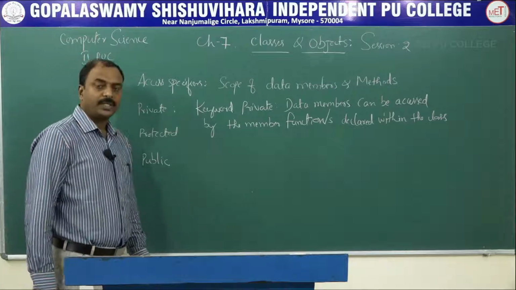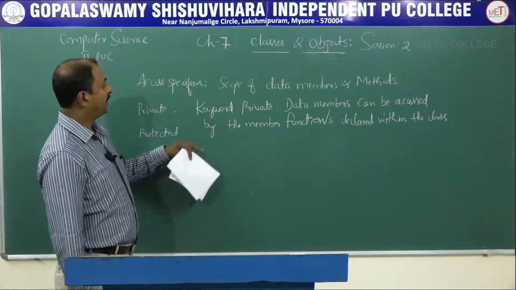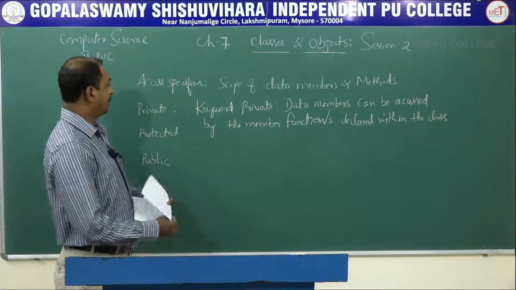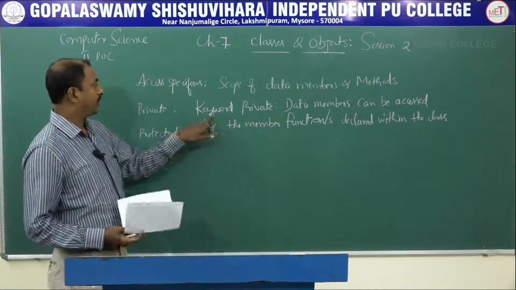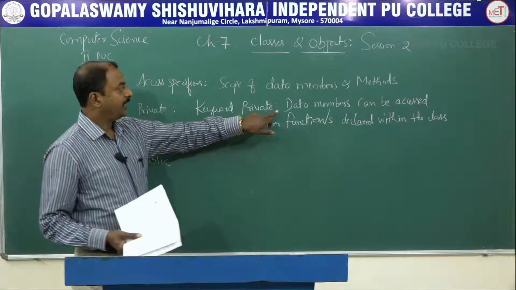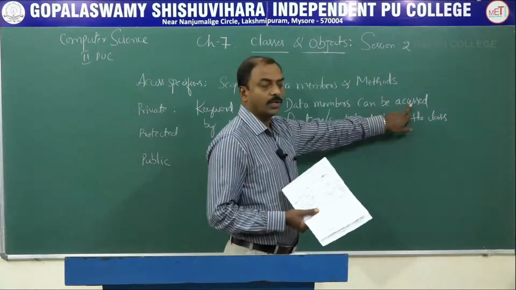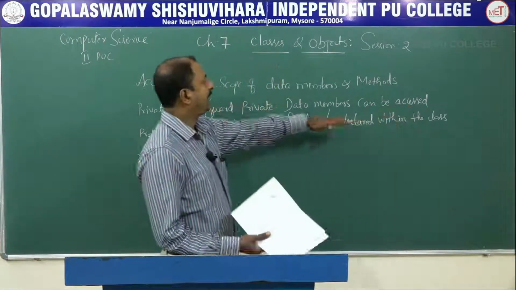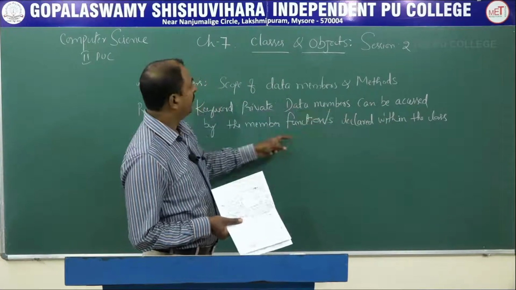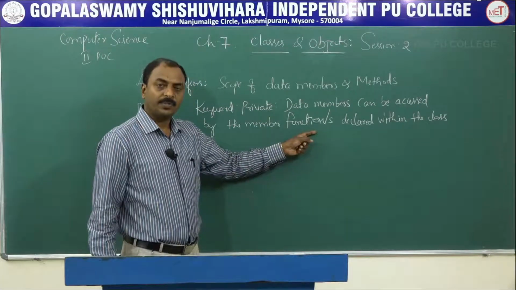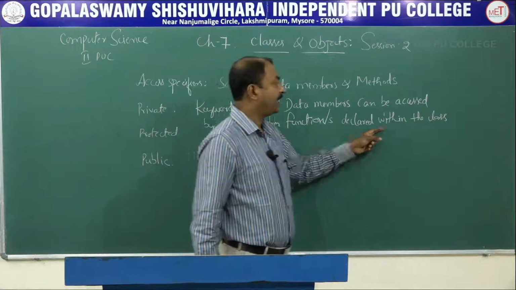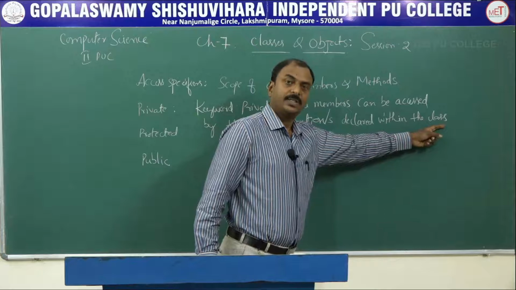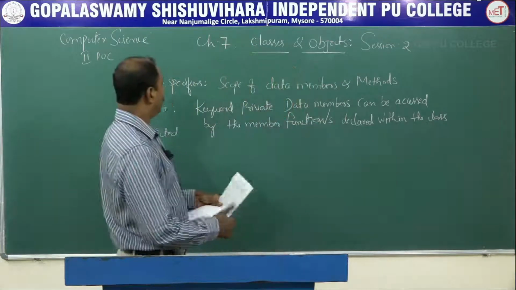Private access specifier starts with the reserved word or keyword private, and any variable or function declared under it can be accessed only by the member functions defined or declared within the same class. Now you know how to declare this.